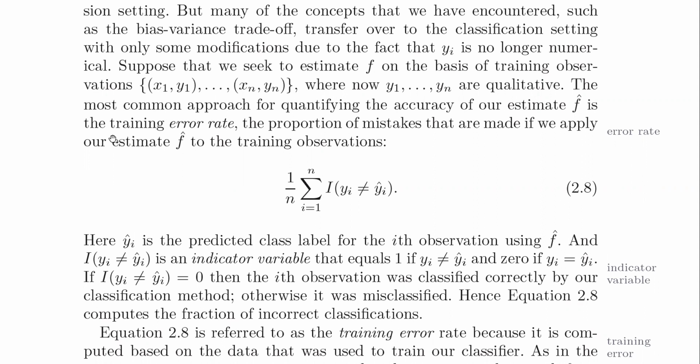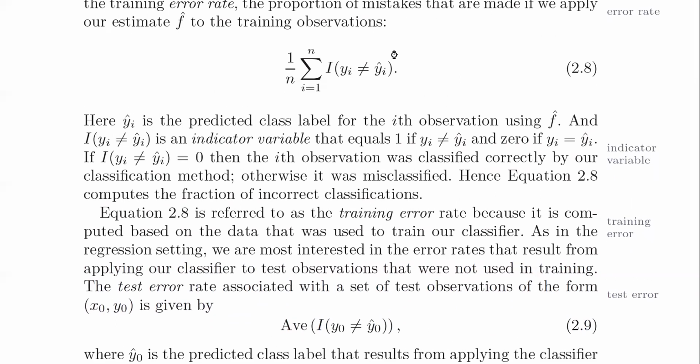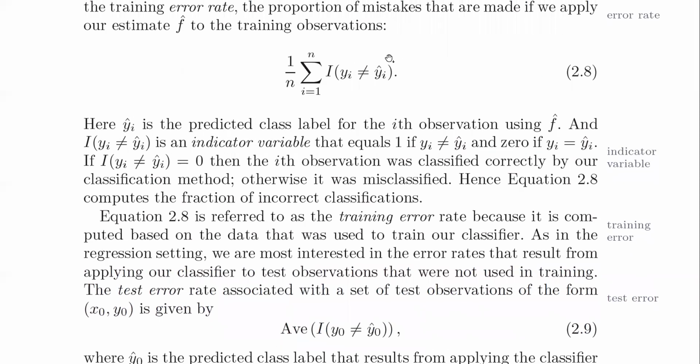So we're still speaking of training error rate, and I would imagine there's going to be a test error rate somewhere along the line. This is the proportion of mistakes. Now, what is a mistake? Well, that's when you incorrectly classify something. The proportion of mistakes that are made if we apply our estimate f hat to the training observations.